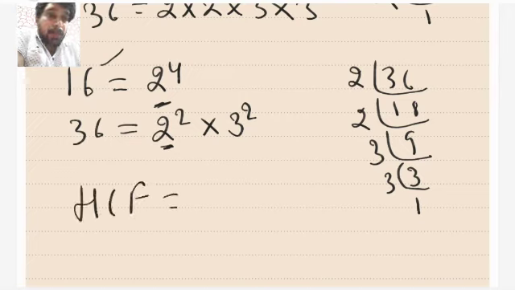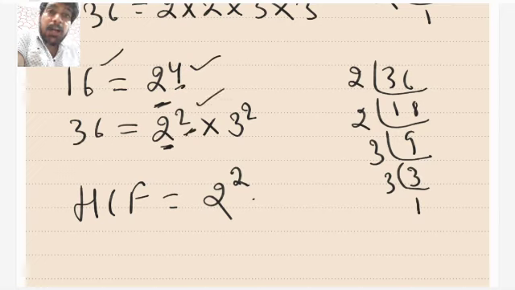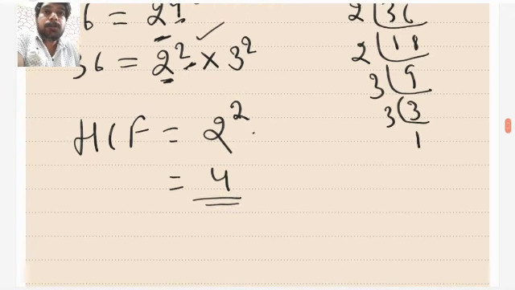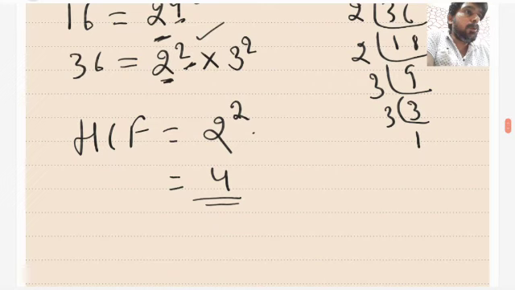HCF will be the product of all the prime factors taken with their smallest power. So here the prime factor is 2 and the power of 2 will be 2, because that is the smallest power, since here the power of 2 is 4 and here the power of 2 is 2. So we are going to consider it with the least power. So the HCF will become 4. So the HCF is 4.